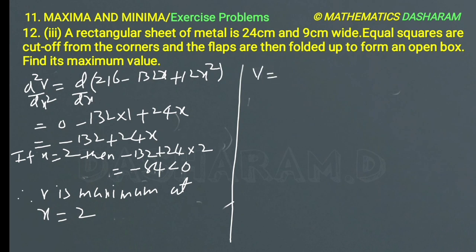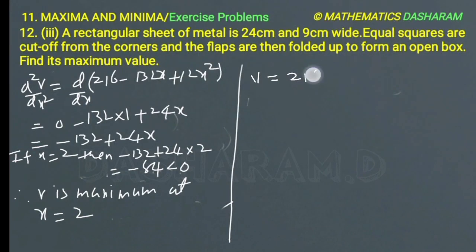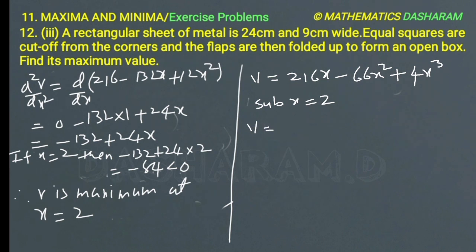So volume V equals the function 216x minus 66x square plus 4x cube. In this, substitute x equals 2. Then V equals 216 into 2 minus 66 into 2 square plus 4 into 2 cube.